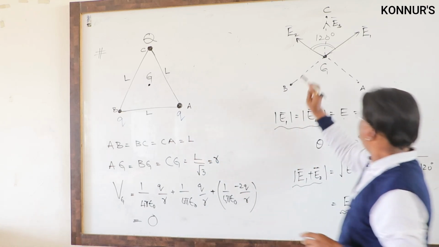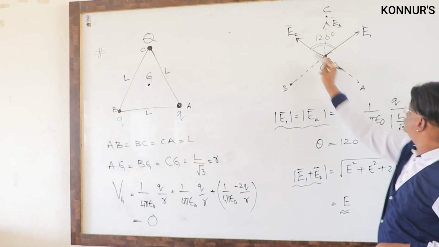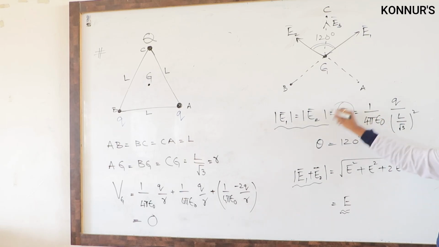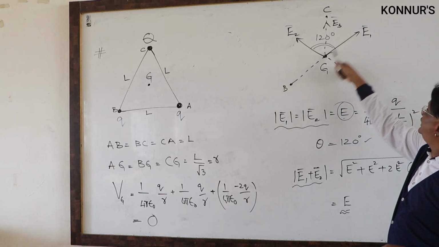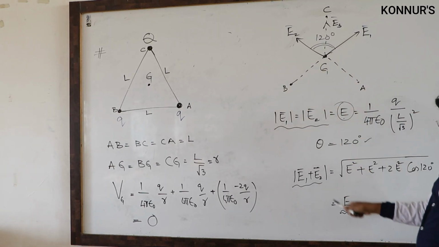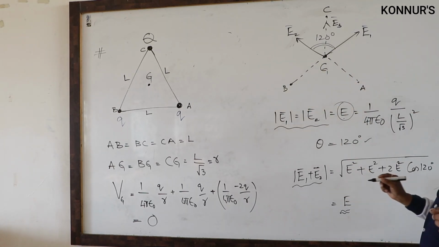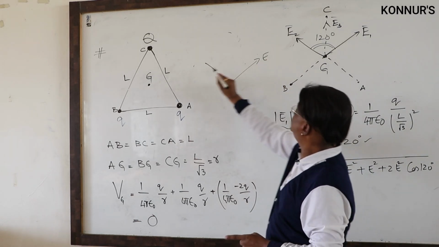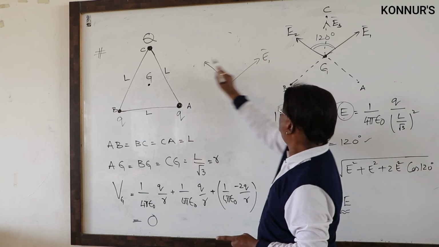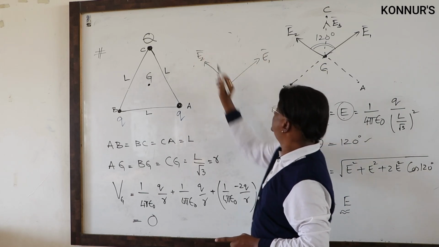Earlier we have taken E1 bar and E2 bar. The magnitude is E, right? And these are two positive charges and the fields are directed away. Now this E gets cancelled. Look at this. Supposing this is the magnitude of the vectors E1 bar and E2 bar.